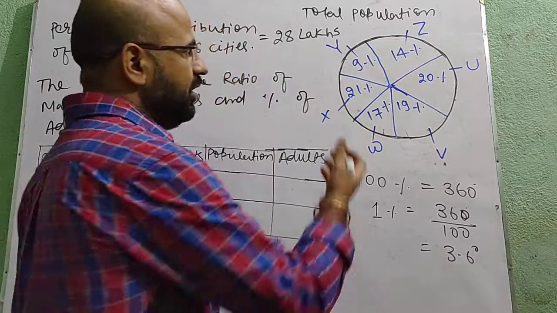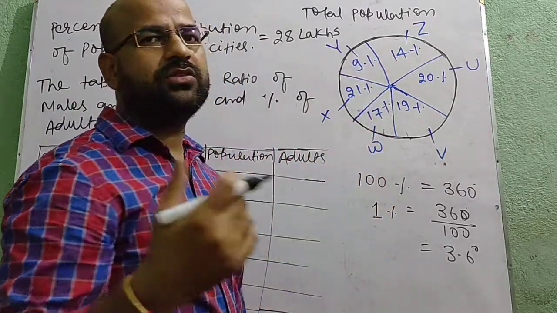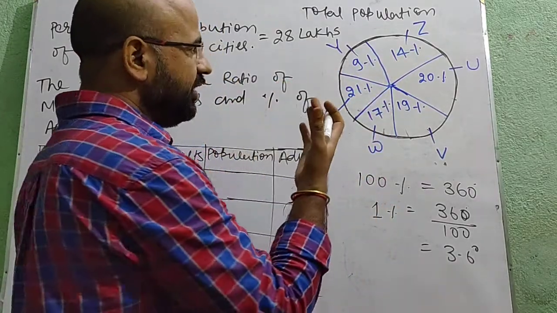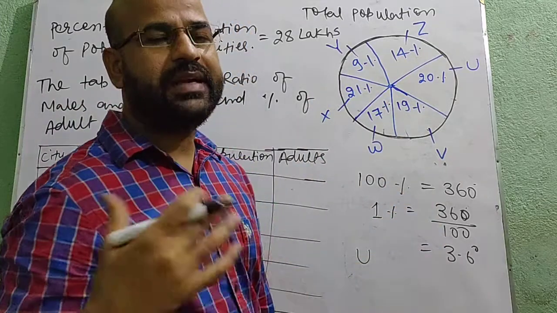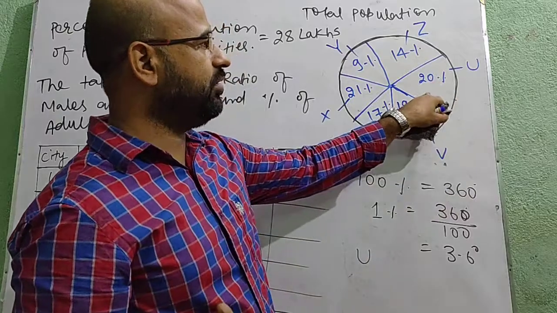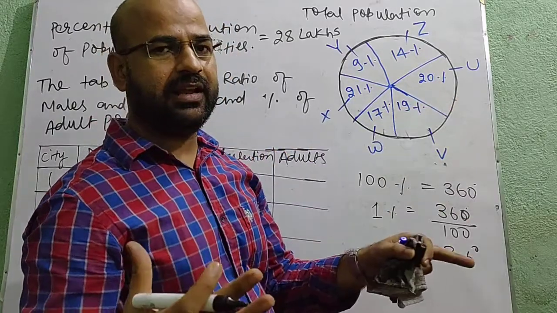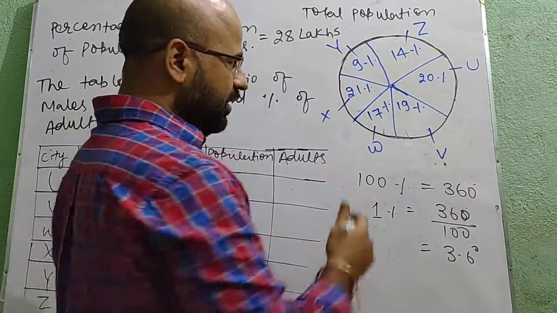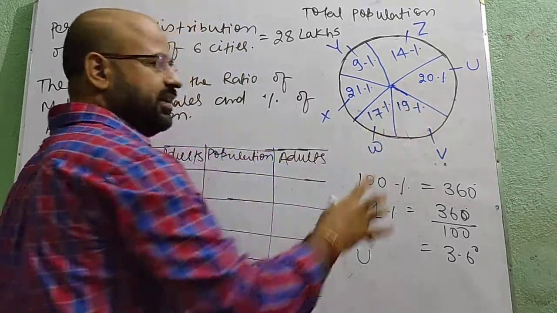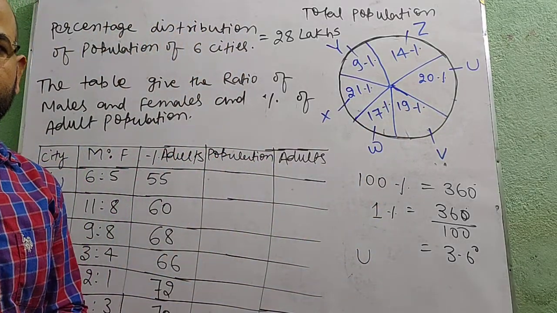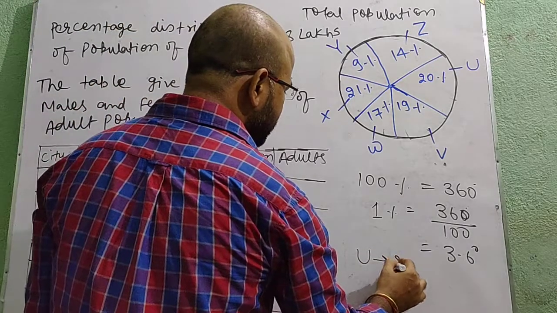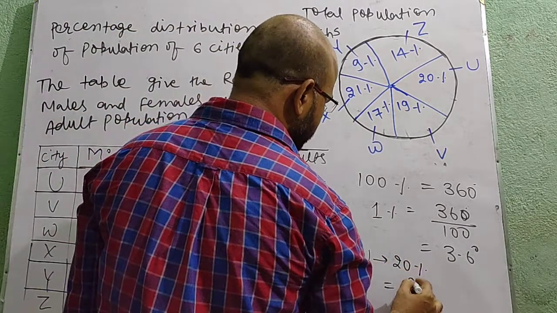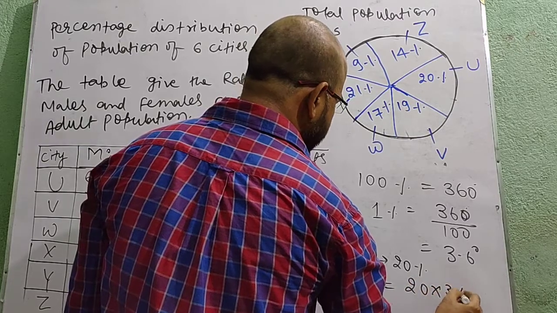As an example, if we have to represent the population of city U in degrees, what is the value of this city in the form of degrees? Here you are watching that the population is given in percentage, that is 20%. So 20% is equal to 20 into 3.6 degrees.